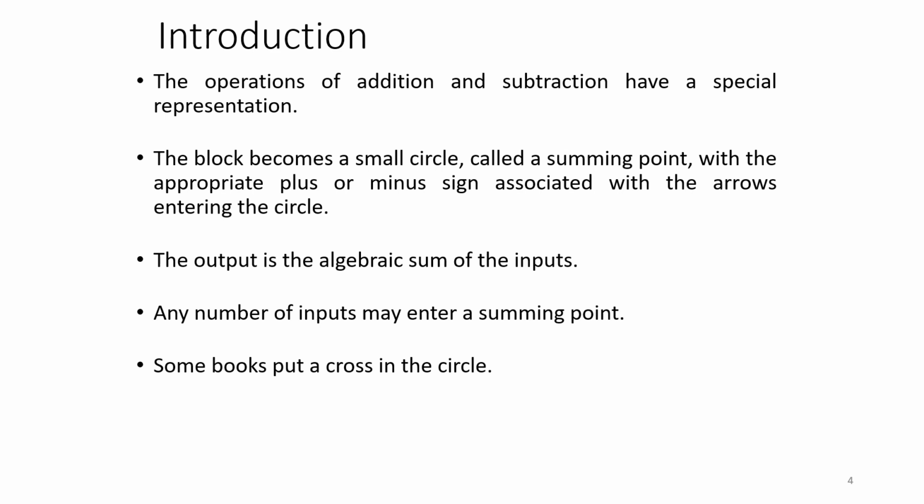Summing points are always represented using a circle with the appropriate plus or minus. If I'm performing addition, I'll represent it with a circle and a plus. If I'm performing subtraction, I'll represent it with a circle with a minus sign inside. Here, for example, let's take addition.